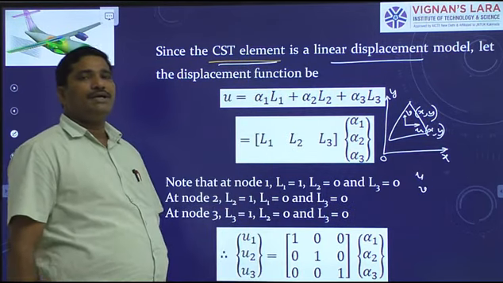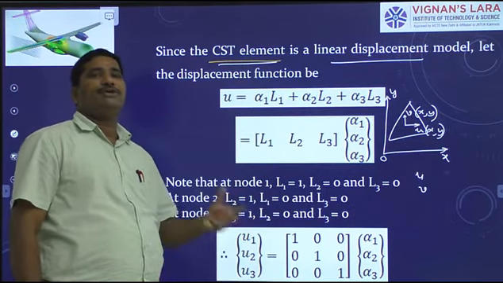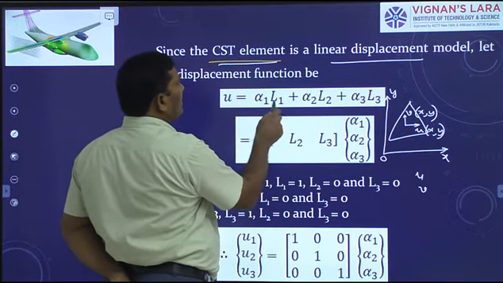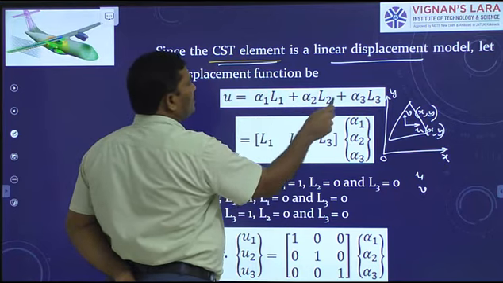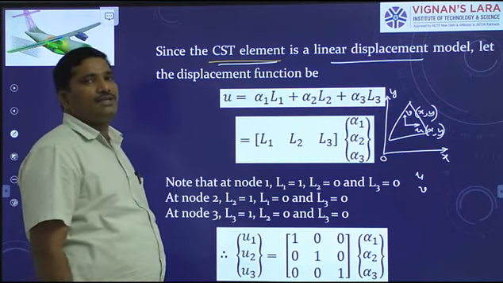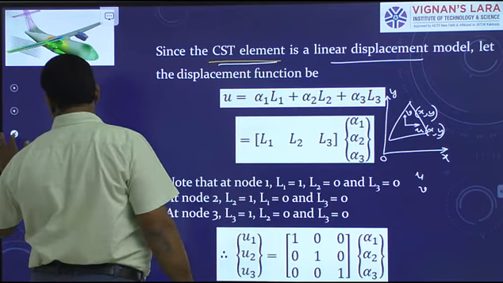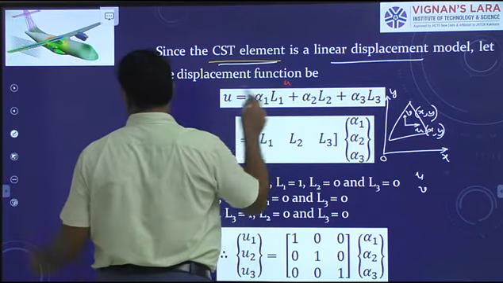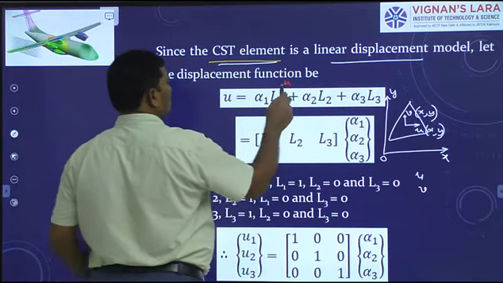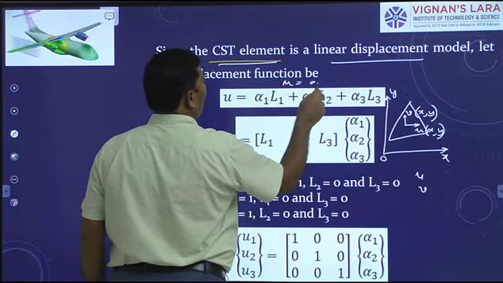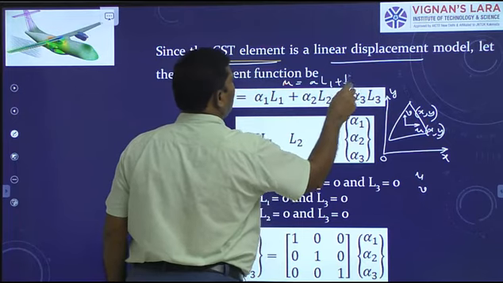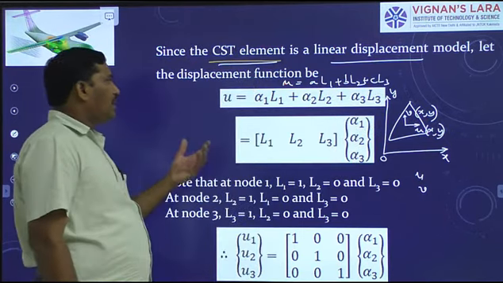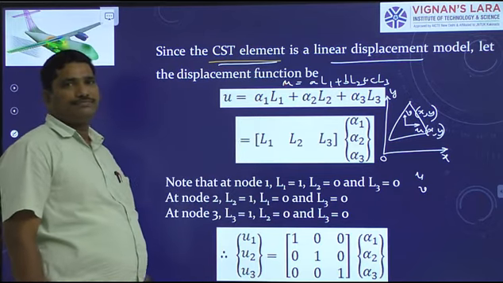Firstly, we take the displacement component u. u equals alpha 1 L1 plus alpha 2 L2 plus alpha 3 L3. Or you can write u equals A L1 plus B L2 plus C L3, instead of alpha 1, alpha 2 and alpha 3.